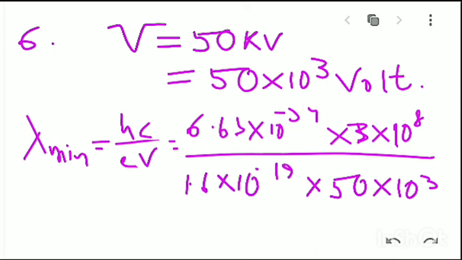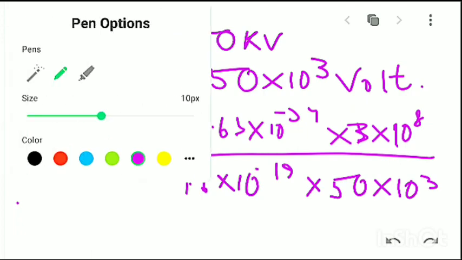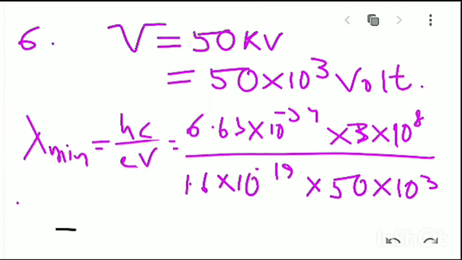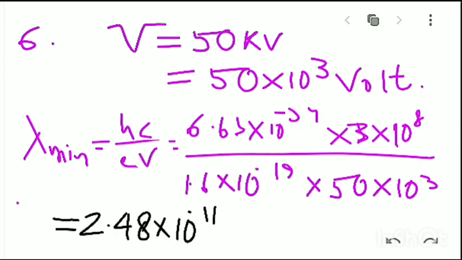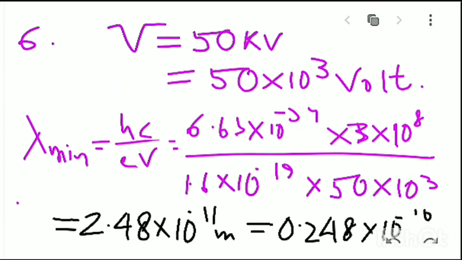I'm also calculating in mine. The value I got is 2.48 into 10 to the power minus 11 meter. That can be written as 0.248 into 10 to the power minus 10 meters.